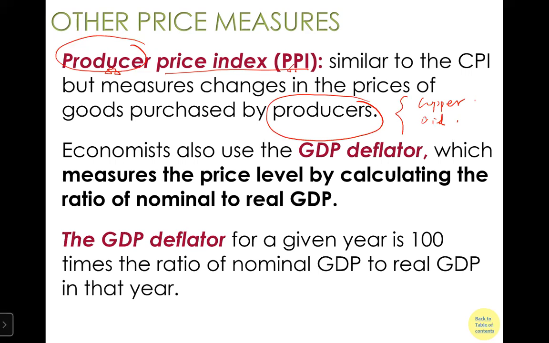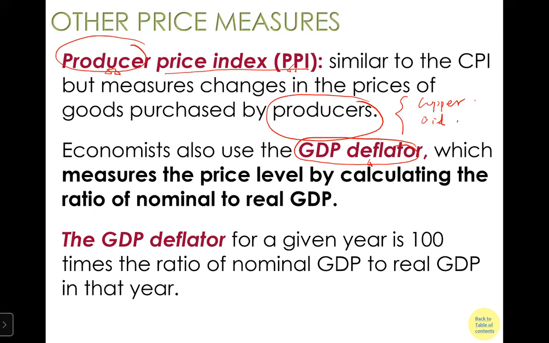Besides PPI and CPI, economists also use the GDP deflator. But what is the GDP deflator? One way to look at it is that the market basket is defined by all goods and services we produce.